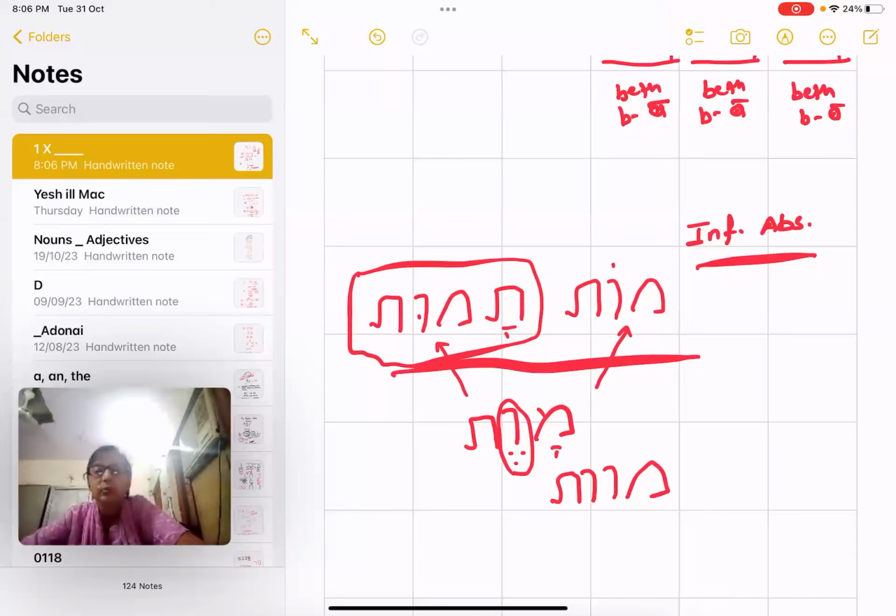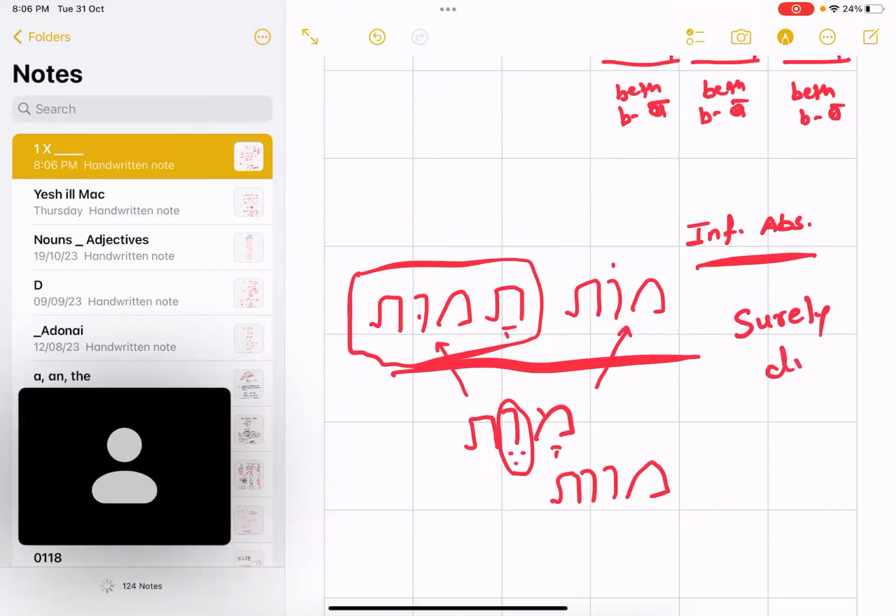So whenever such a case comes in biblical Hebrew, the meaning is surely die. You shall surely keep, that means tishmor, shamor tishmor, surely keep. Tamut means surely die.